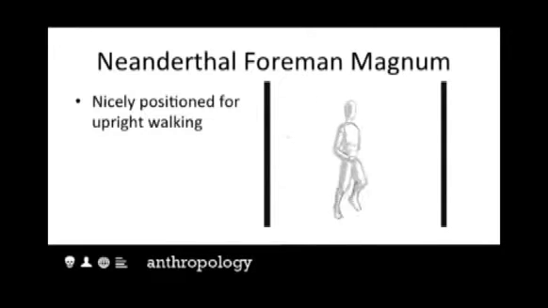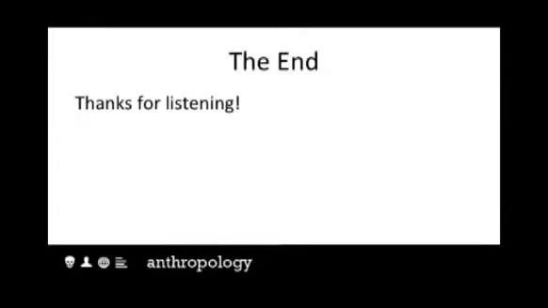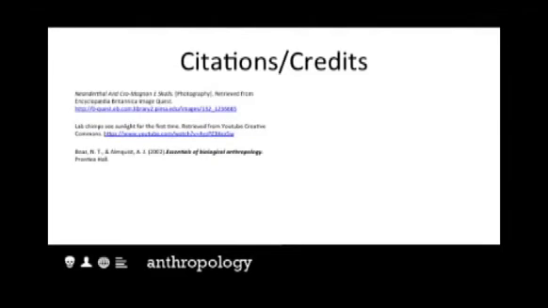So I just think that this is a nice way to end our short tutorial of the foramen magnum and how understanding this morphological feature of the human skull tells part of the story of bipedalism and human evolution. Thanks for listening. Bye-bye.